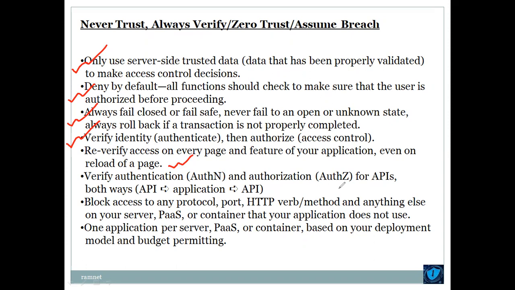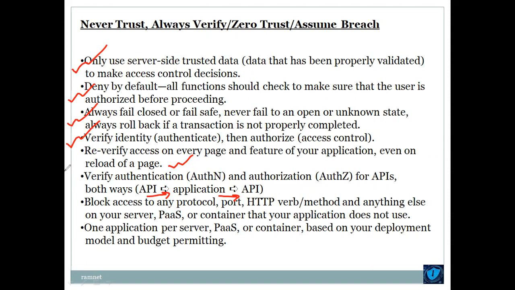So it goes this way: API to application, application to API, back and forth again. Block access to any protocol, port, HTTP verb, method, and anything else on your server, PaaS or container that your application does not use. Block that. One application per server, PaaS or container based on your deployment model and budget permitting.